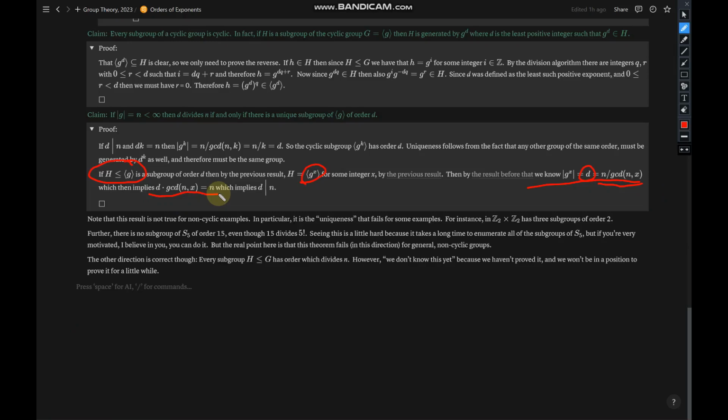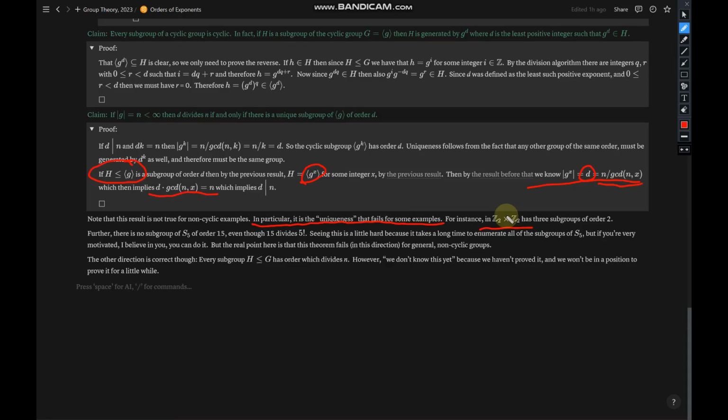It's worth emphasizing that the results that we found here for cyclic groups do not extend to all groups. The uniqueness condition can fail for some groups. A really easy one to point to is Z mod 2 cross Z mod 2.